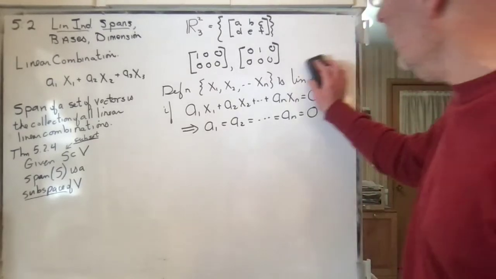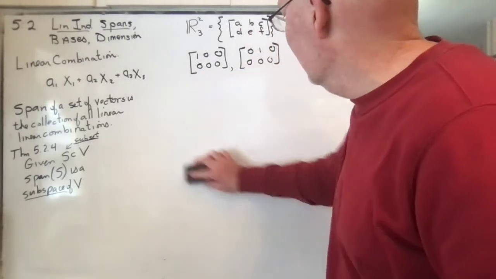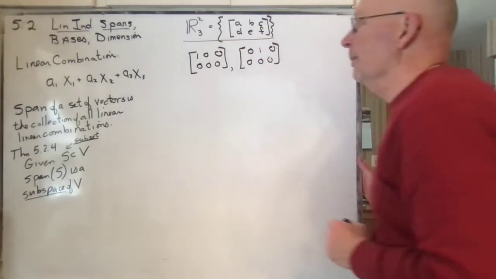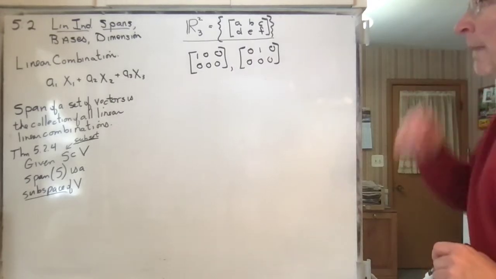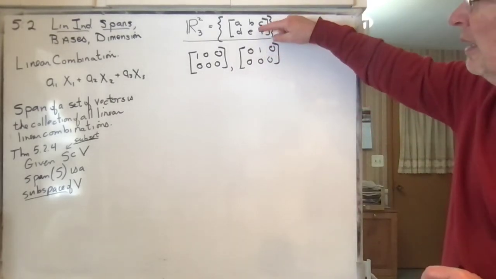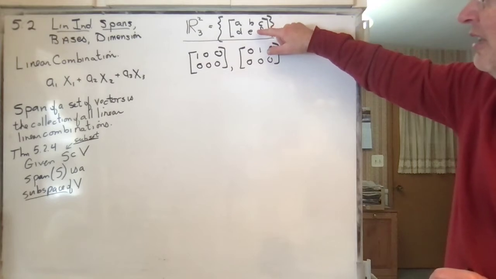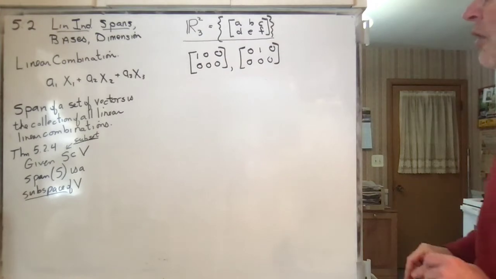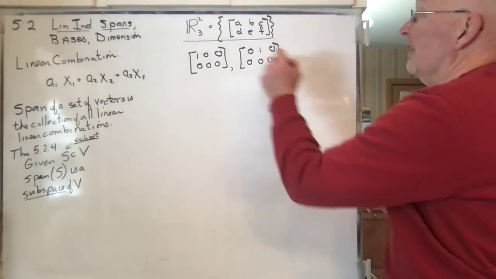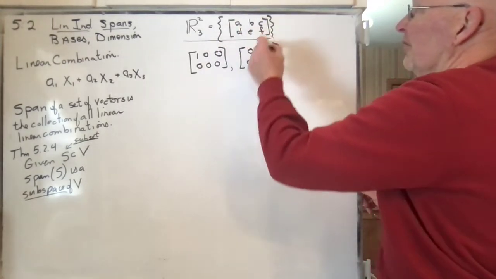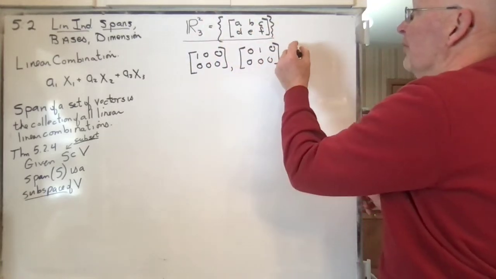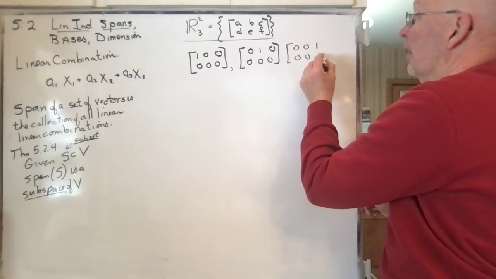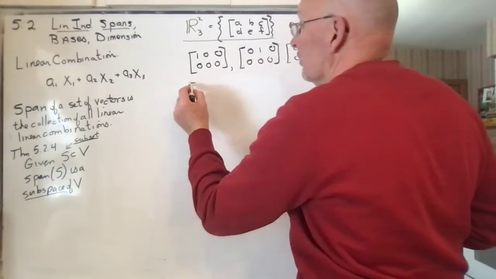Now, once you have that idea, let's go back to this again and ask this question. How many vectors does it take to span this space? Do you agree that I can get all the vectors in 2 by 3 matrices by starting off with these vectors right here?